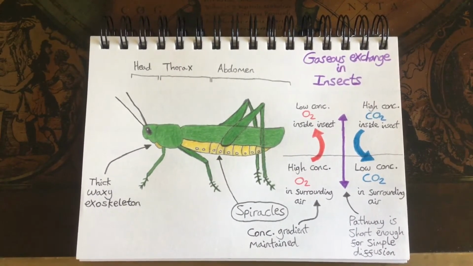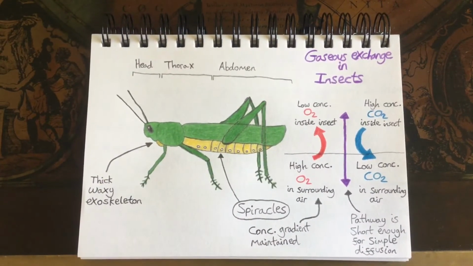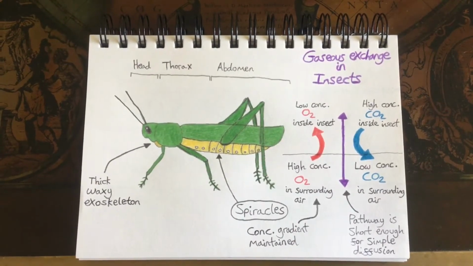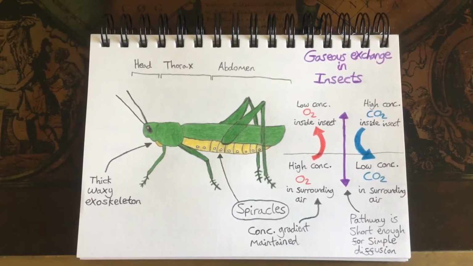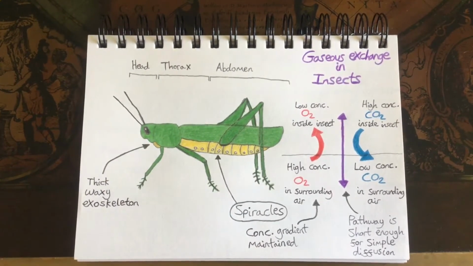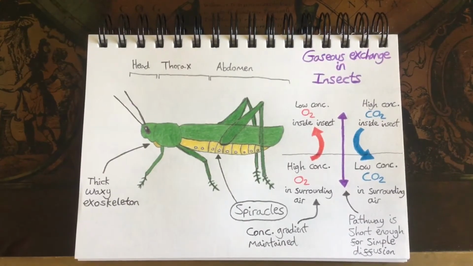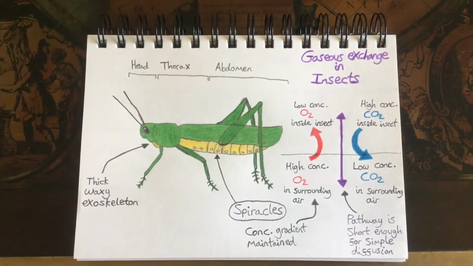So they are these little holes along the abdomen and a couple on the thorax. So that's the main way that the gases can move across, through the spiracles. If it weren't for the thick, waxy exoskeleton, the gases and water could diffuse straight into the insect. It wouldn't need the spiracles, but obviously then it wouldn't be waterproof.